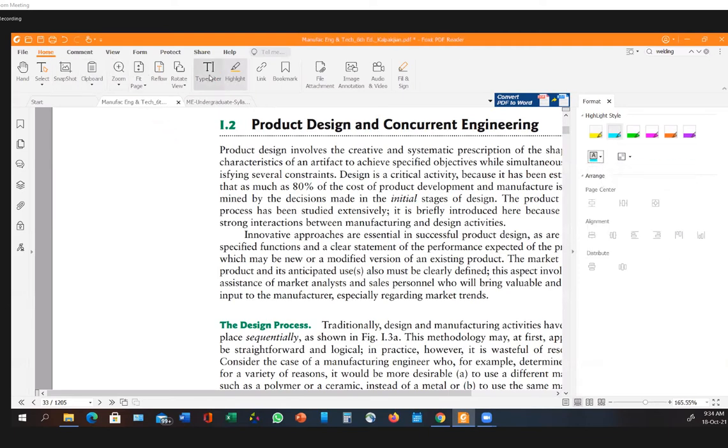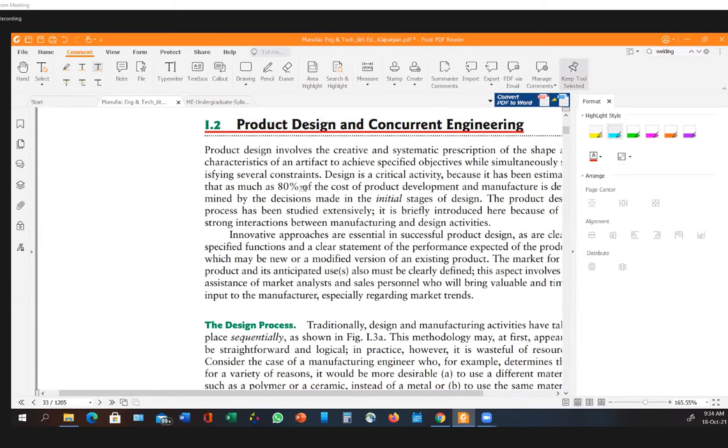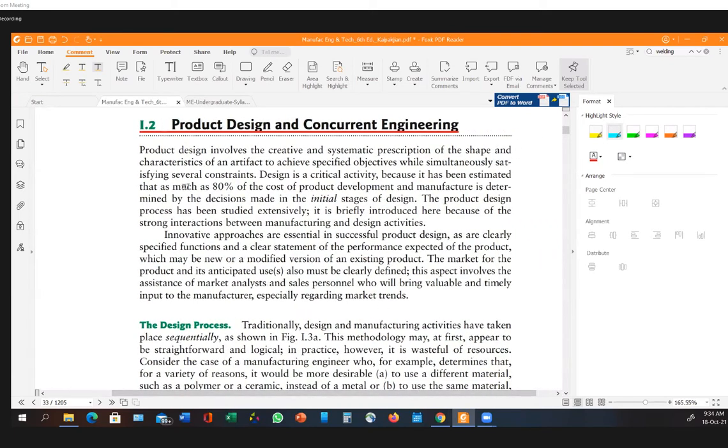Underline for that. So this is an important section we have to know about. Data you should read from the book.